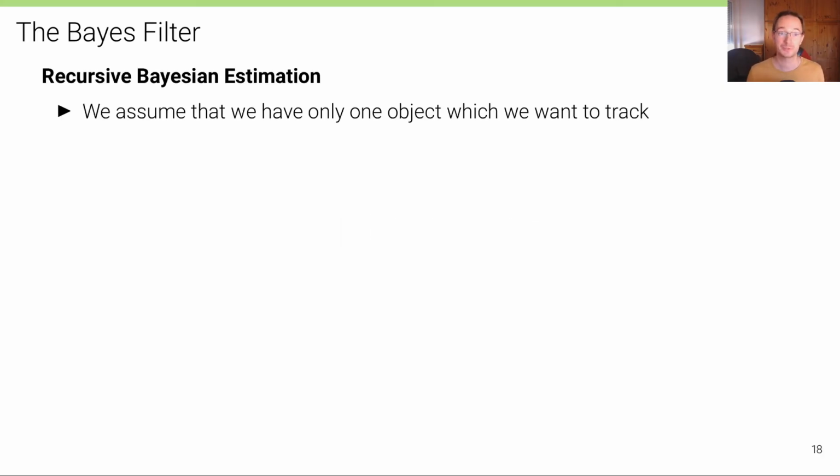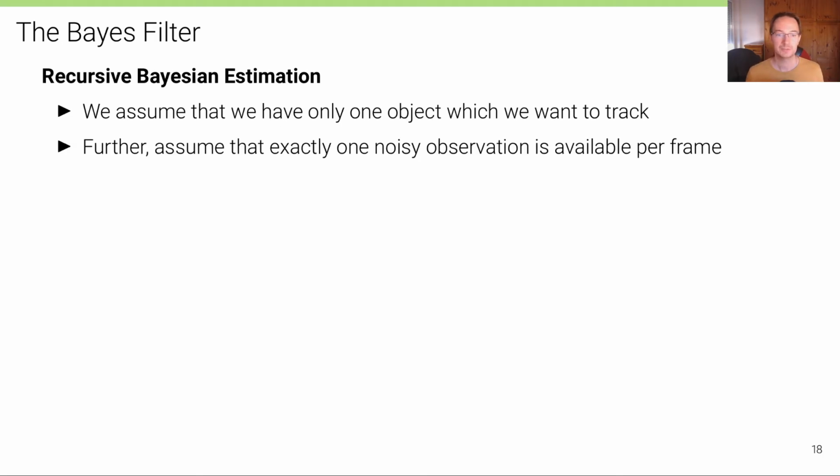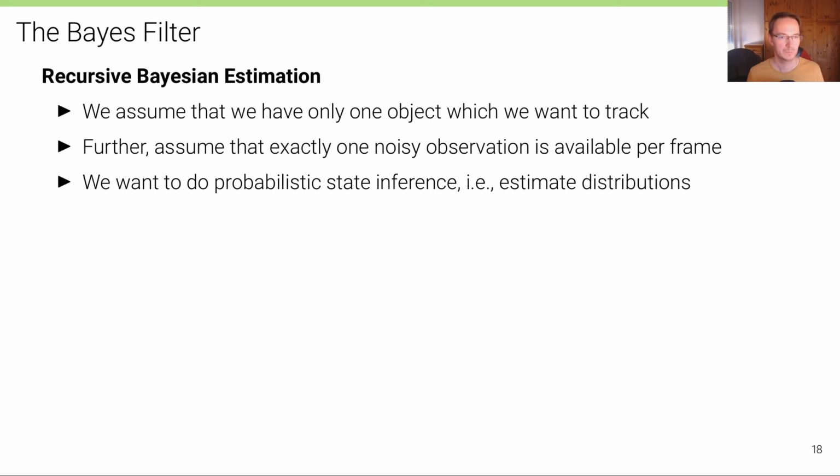It's also called recursive Bayesian estimation. In recursive Bayesian estimation, we assume that we have only a single object which we want to track. Further, assume that exactly one noisy observation is available per frame. So we don't have an association problem. We want to do probabilistic state inference. That is, we want to estimate distributions.